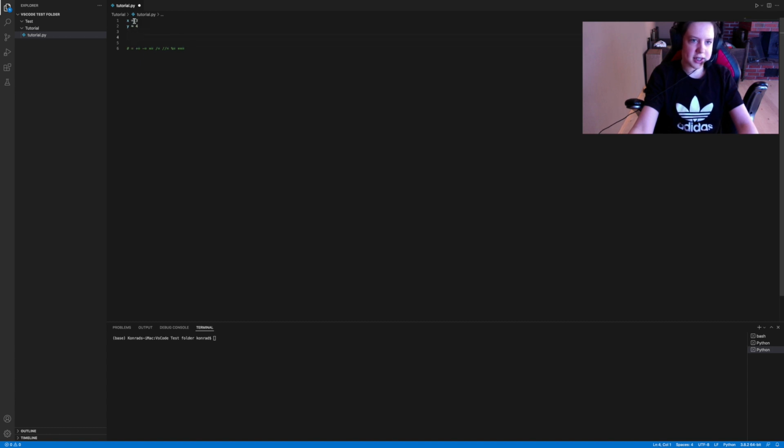This takes the variable here and sets it to the value on the right side. So if I, for example, took x equals y and then printed x, y is 4, and if I set x to y, then x will also be 4. And if I run this, yeah, you see here 4.